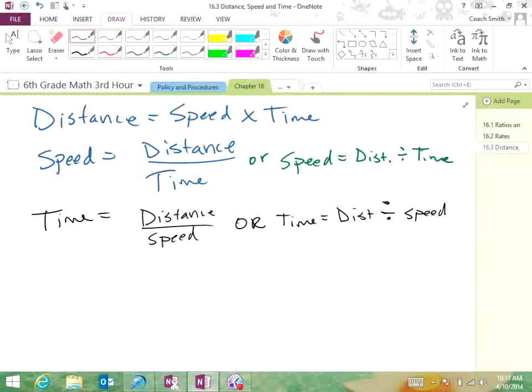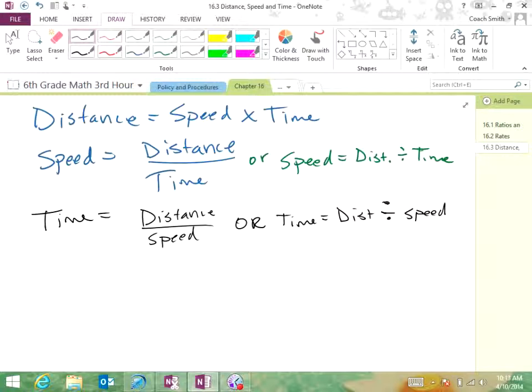Now, sometimes, and this is the way I do it, in most of your other books, speed is going to be noted as rate. A lot of times they'll refer to it as rate of speed, but most of the time, the formula that you're going to see in the future will be D is equal to RT.